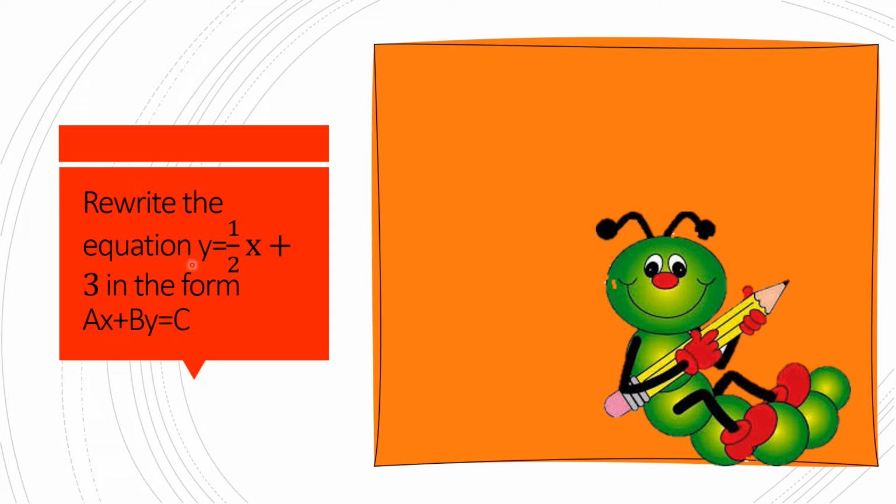So, as you can see, our equation y equals 1 half x plus 3 is in the form of slope-intercept form wherein our slope m equals 1 half and our b is positive 3. So, kailangan ato siyang i-transform into standard form ax plus by equals c.